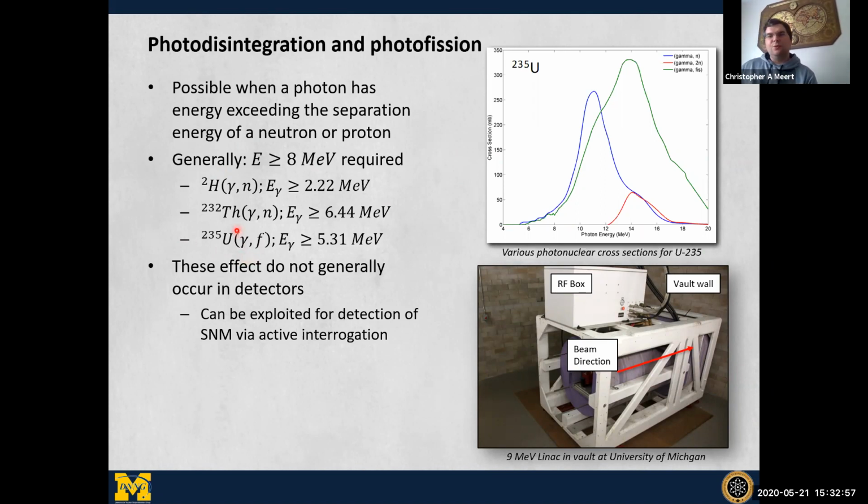But if you do gamma N on lead, where you're only shooting off 1 neutron as a result of that interaction, you may not really refer to that as photofission. And there's also cross sections for gamma 2N, I believe for gamma alpha particle as well. So that's all sort of subsets of that photodisintegration.